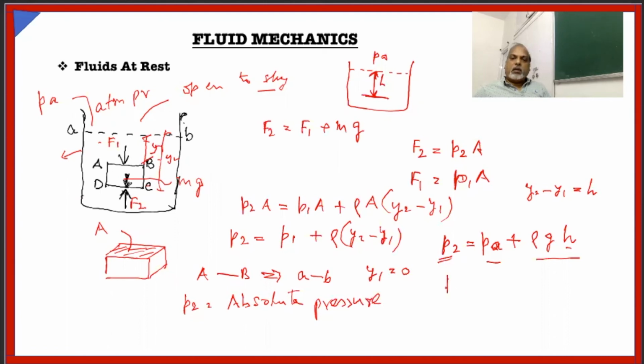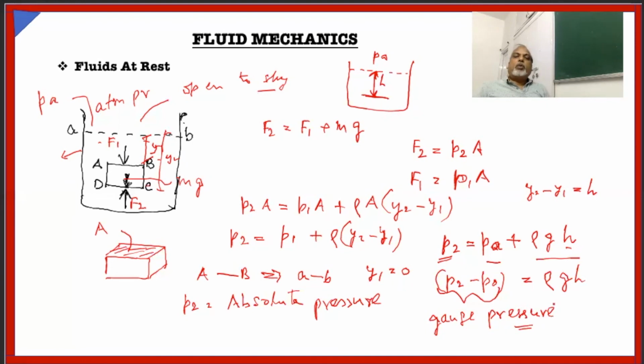And P2 minus P0 is equal to nothing but rho g h. And this is called gauge pressure. And this is what you measure with the instruments.